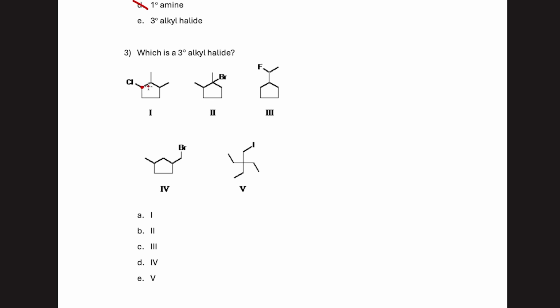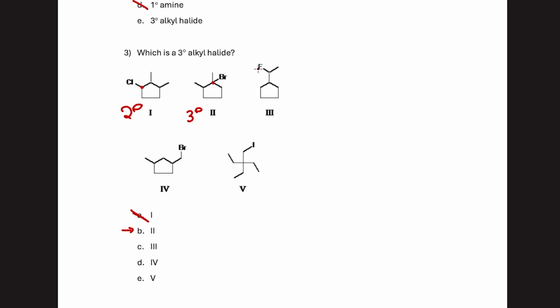This is the carbon that bears the halide, and it's connected to only 2 other carbons, so this is secondary. So it's definitely not answer choice 1. The next problem, this is the bromine, so this is the halide. This is the carbon that bears that halide, and it's connected to 3 other carbons, so it's definitely tertiary. So this is probably our answer choice, but we'll do the rest for now just to make sure.